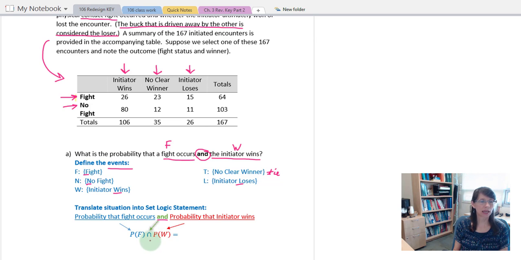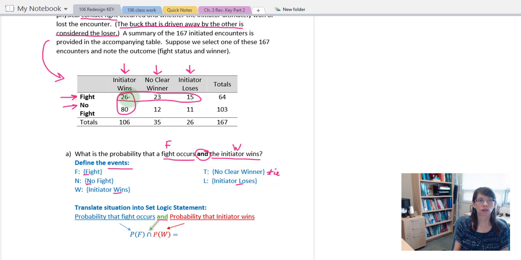So if we go back to the table, look first for the probability of a fight. So all the numbers dealing with a fight, 26, 23, 15. We are wondering, how does that intersect with the probability of the initiator wins? Initiator wins are the numbers 26 and 80.